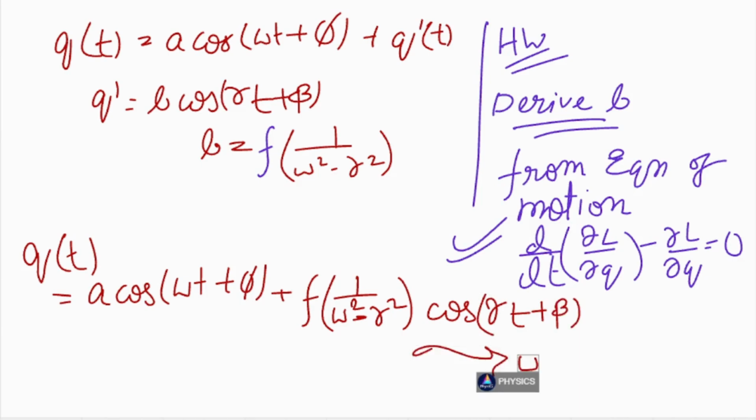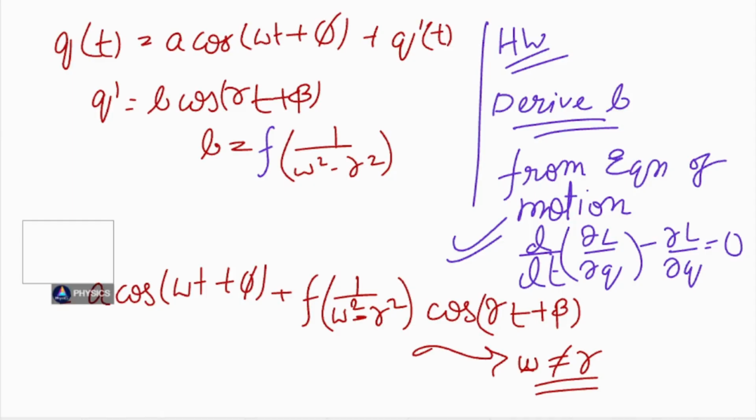Here omega is not equal to gamma. Only when omega is not equal to gamma, this is possible. But if omega is equal to gamma, then we get something very interesting that is known as resonance. And today we won't cover the resonance, but today we end over here.